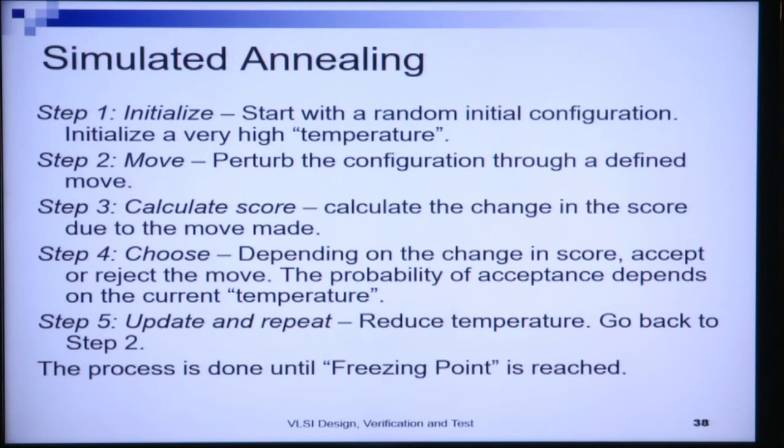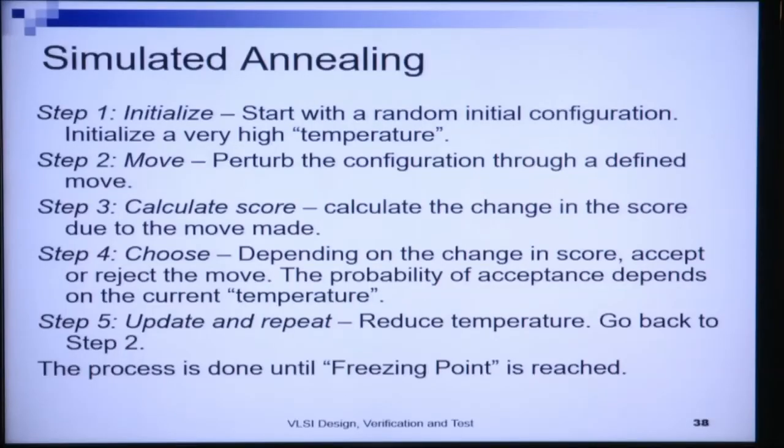We said if the move results in an increase in area cost, we can still accept the solution in terms of that merge with a certain probability when the temperature is high, but later we will slowly decrease that probability of accepting higher area solutions. Then we update and repeat. We reduce the temperature and go back to step 2 until we reach a freezing point.